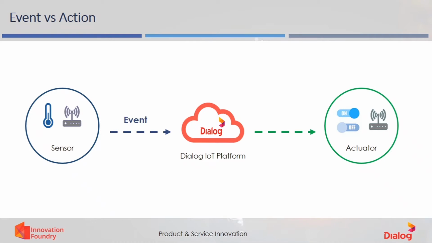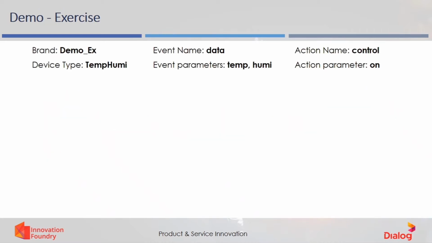When you send a data packet from the platform side to a controllable IoT device, as an example, let's say we send an on or off command to a smart switch, then that's an action. So I hope now you have a basic idea of these terms. So let's move on to the exercise.